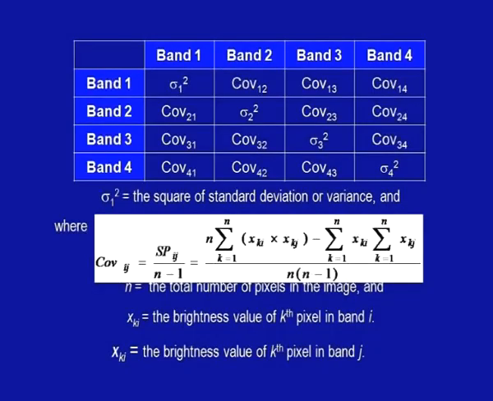Here we see a typical representation of a covariance matrix for a 4 band remote sensing data set consisting of band 1, 2, 3 and 4.